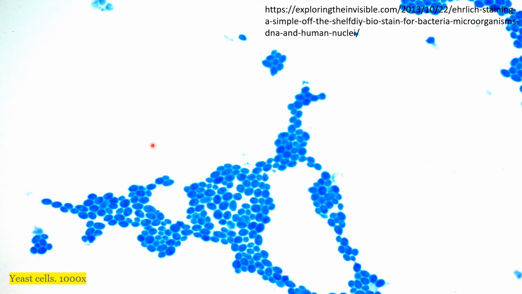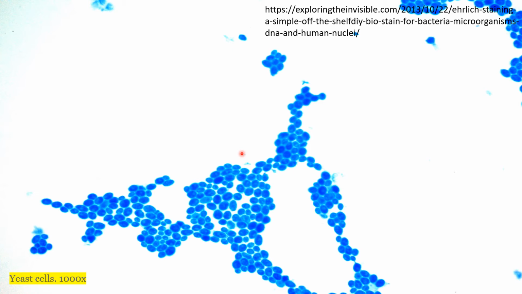DNA and RNA are negatively charged in nature. That's why if we put methylene blue, it goes to DNA and RNA. Usually it goes near the nucleus, but since there's no nucleus for bacteria, it stays in the cytoplasm of bacteria because the DNA is in the cytoplasm.